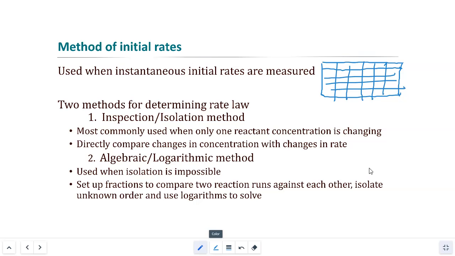And it's a little bit more involved. You've got to do some algebra. You've got to do some comparing. You've got to do some calculations. Do it enough times, you get used to it. But it does require a good deal of practice to get used to.